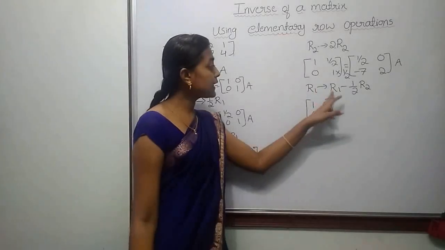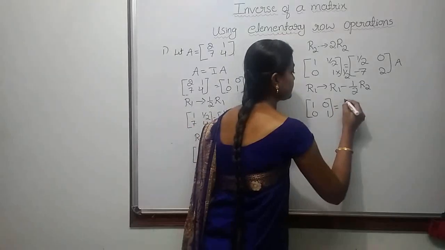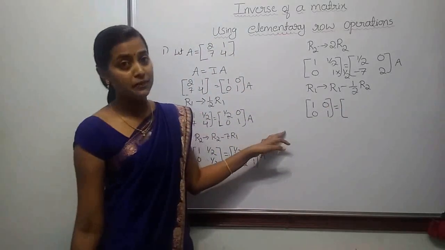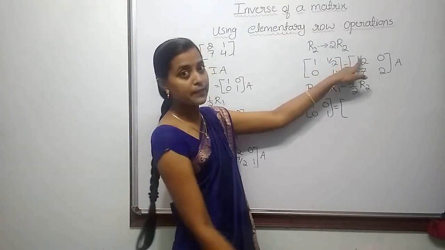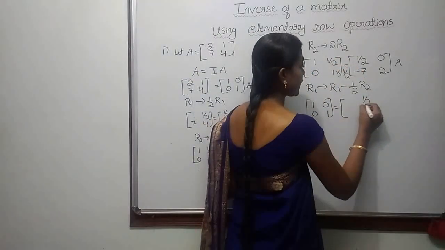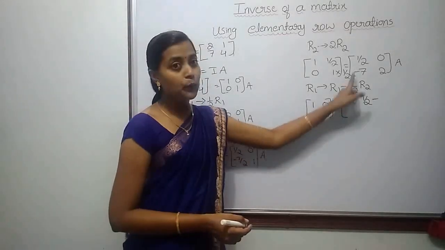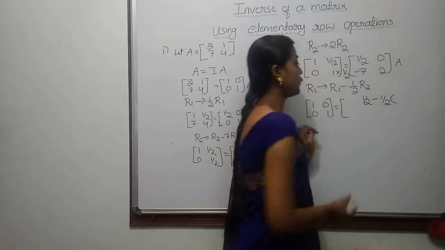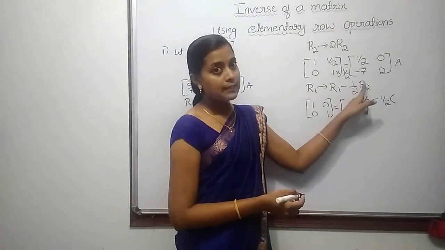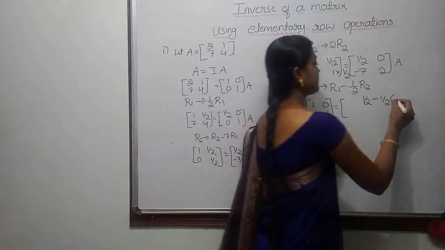Now let us apply this operation in RHS also. RHS will become, first term is R1. First element of R1 is 1 by 2 minus this 1 by 2 as it is into R2. First element of R2 is minus 7.